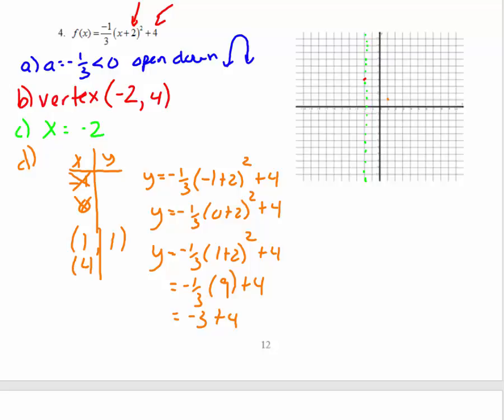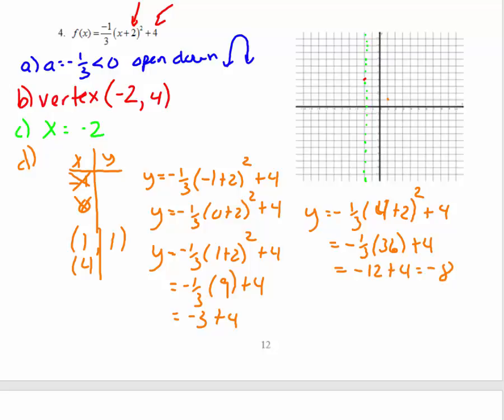So what about 4? If I jump to 4, I get y equaling negative 1/3 times (4 plus 2) quantity squared plus 4. Well, 4 plus 2 is 6, and 6 squared is 36, and then I still have plus 4. Negative 1/3 times 36 is negative 12, and negative 12 plus 4 is negative 8.